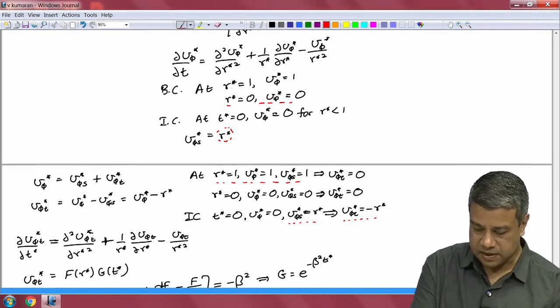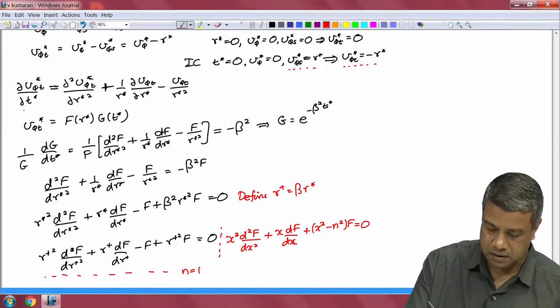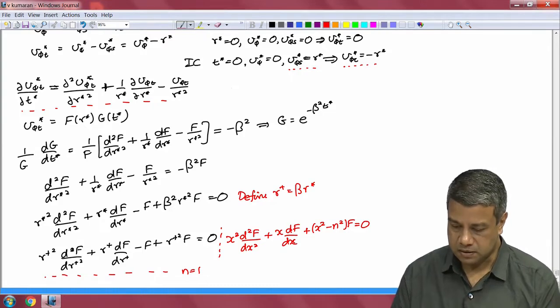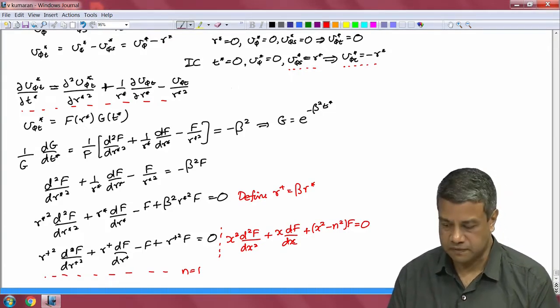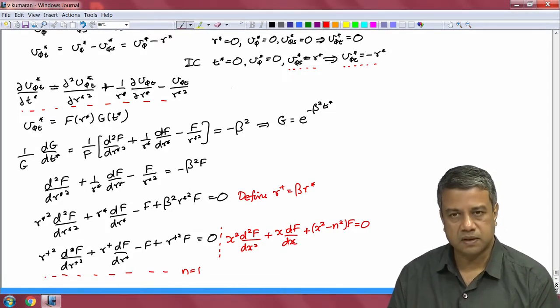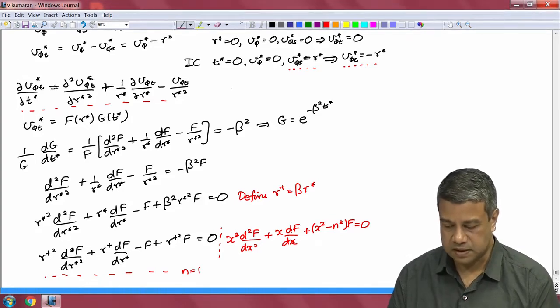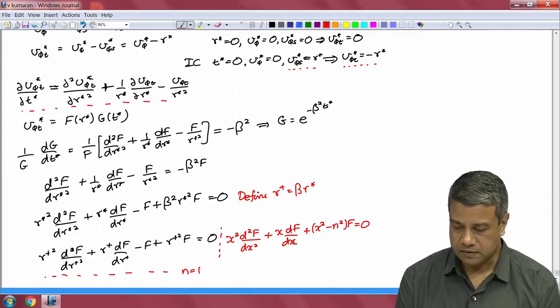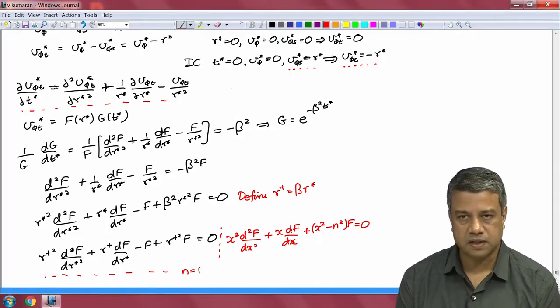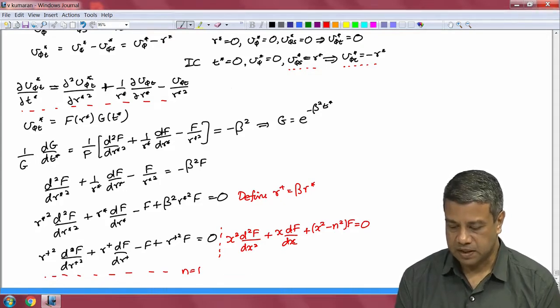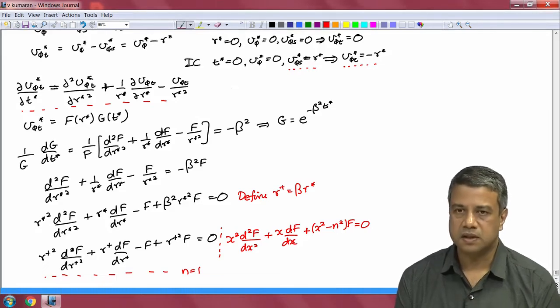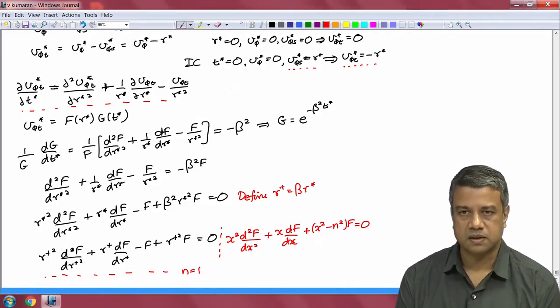We got the equation for the transient part. It turned out to be identical to that for the total solution, and we separated the solution into a function of r times a function of time. Substituting in the equation and dividing by f times g, I got the left side only a function of time, the right side only a function of r, and that implies that both of these are equal to constants. Negative constants, because g has to decrease exponentially with time, so that the transient part decreases to 0 in the long time limit, and the steady solution is obtained.